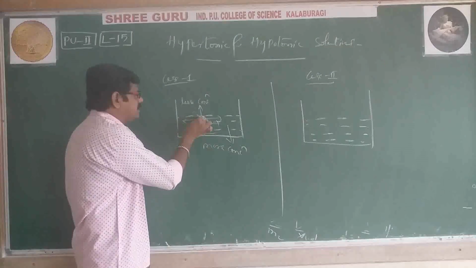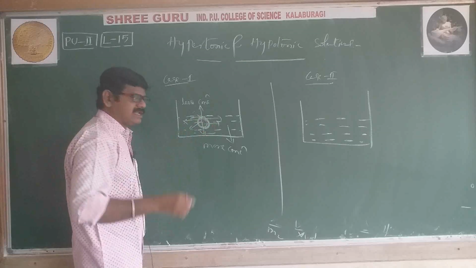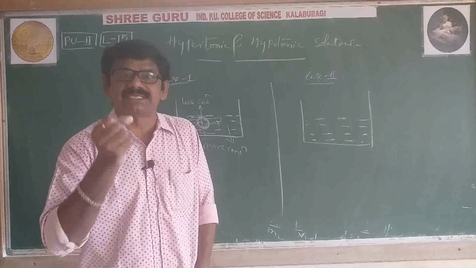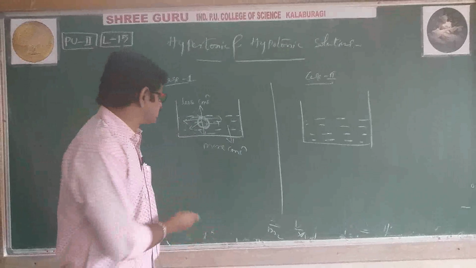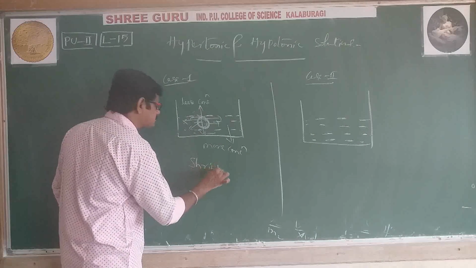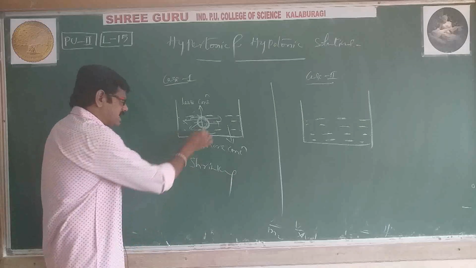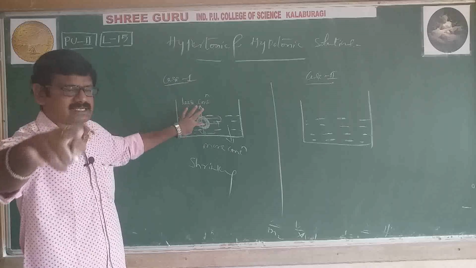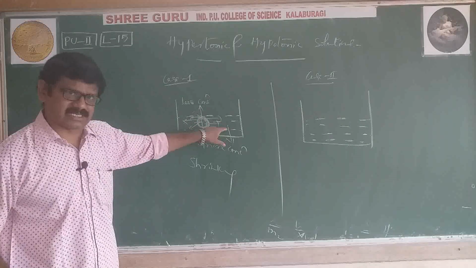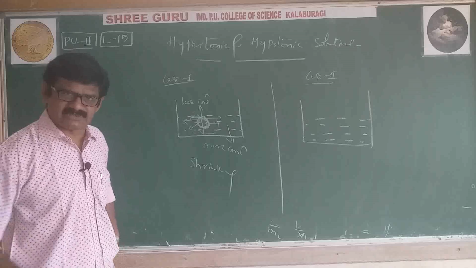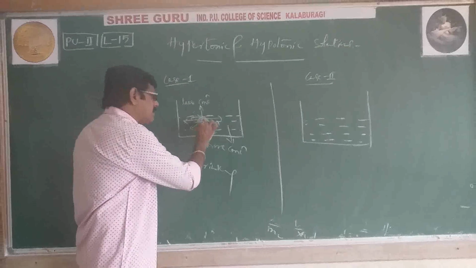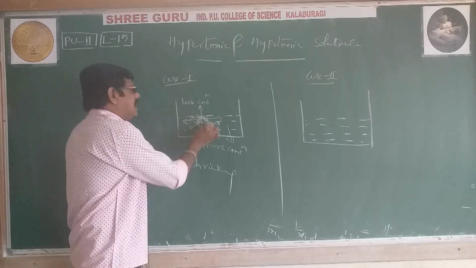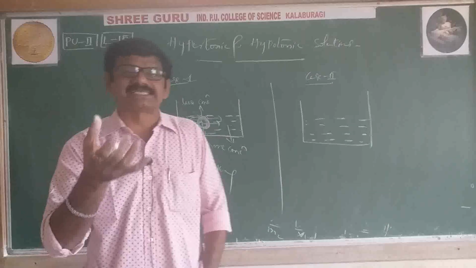Because of that, the plant cell or animal cell shrinks. The entire liquid is coming out, because according to the osmosis phenomenon, liquid goes from lower to higher concentration region.